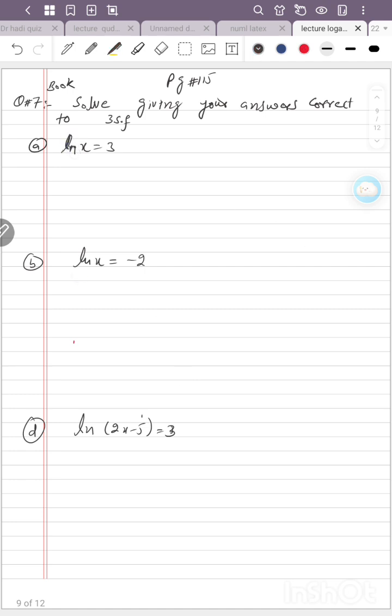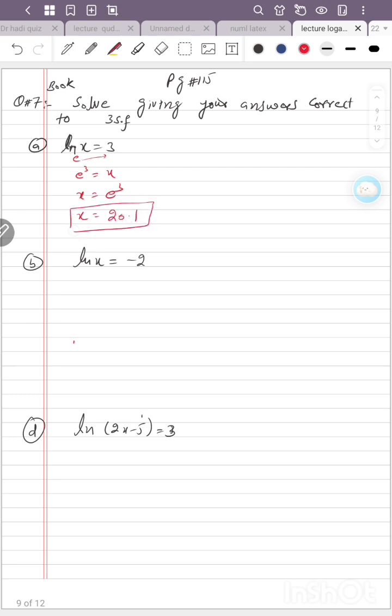So e power 3 equals x, because the property says base at power. We apply our first property: x equals e power 3. Using the calculator to three significant figures, e power 3 is 20.1.